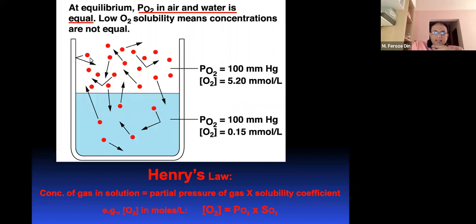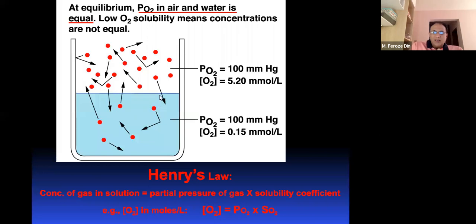The second feature that we notice in Henry's law is that when the gas is in solution, it will also exert a pressure. And that pressure that it will exert would be the same as the pressure above the solution.